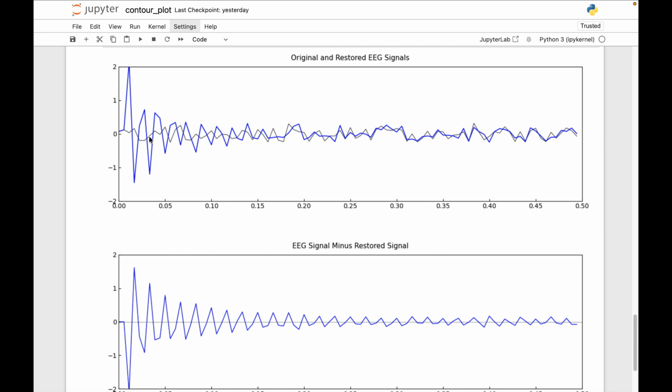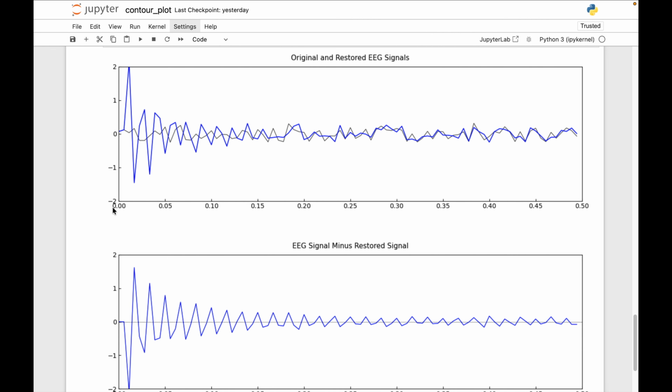It is a giant rhythmic 60 hertz sine wave that completely obscures everything. And if a doctor looked at this, they would say nothing but electrical interference. But watch the blue line, which represents our network error, EK, and that is the restored signal that we have.